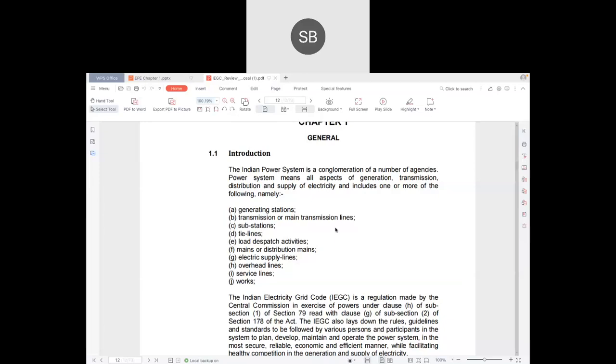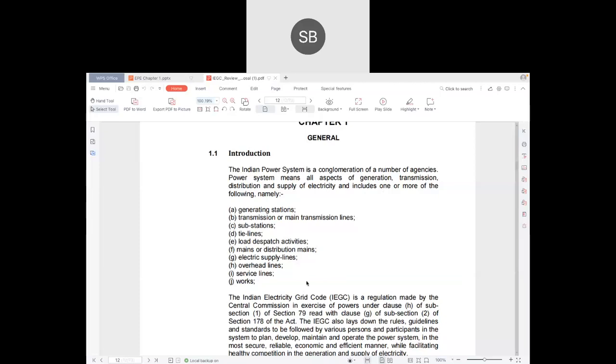The Indian power stations are maintained by different types of agencies. Now, whenever they construct a power plant and generate power, that power plant will be connected to the main national electricity grid.